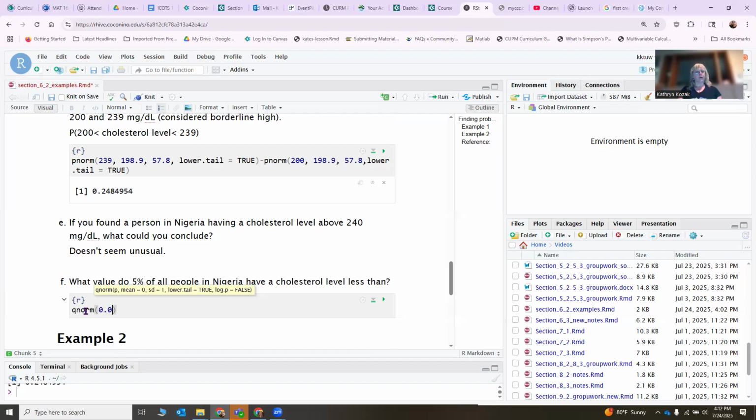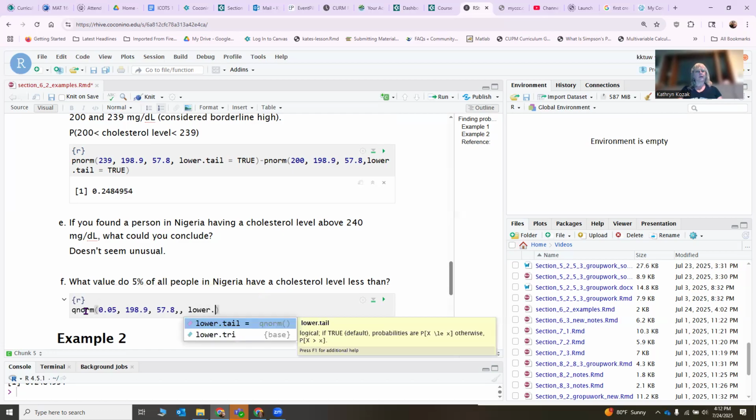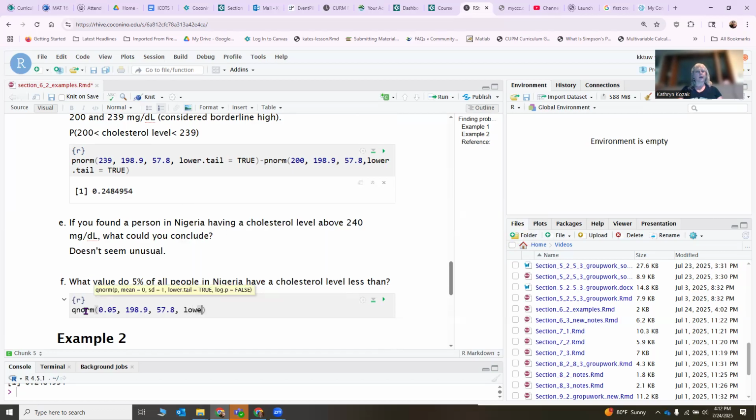We are looking at 0.05, 5% made into a decimal. And notice it does say P and then it gives you your mean, and our mean and standard deviation are exactly the same. And then our lower dot tail is true because we again want people less than. So we're still in that lower end. So that means we are true.